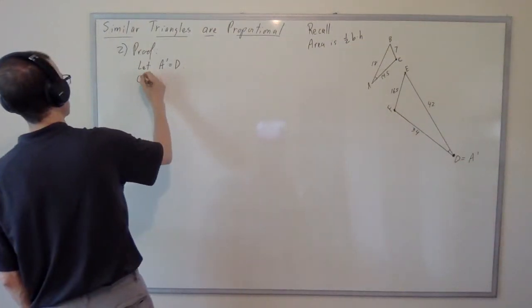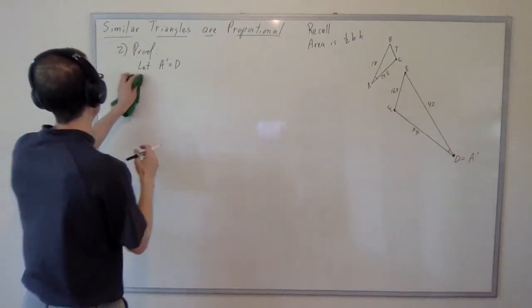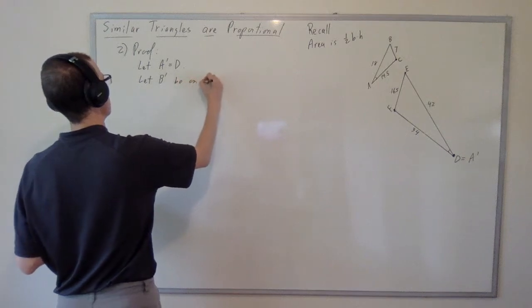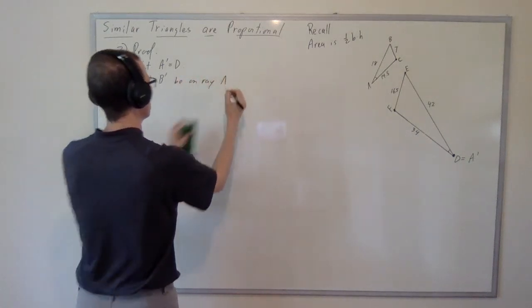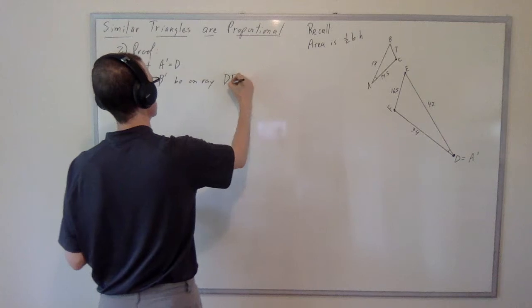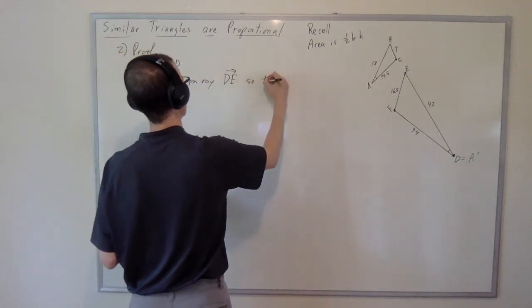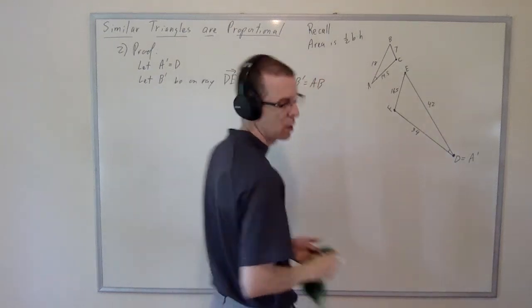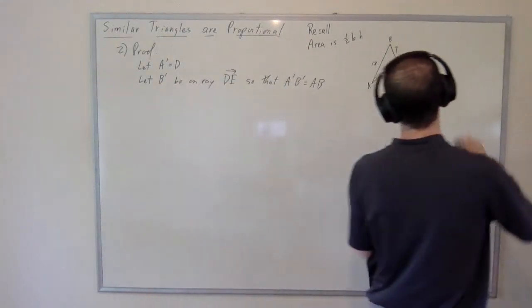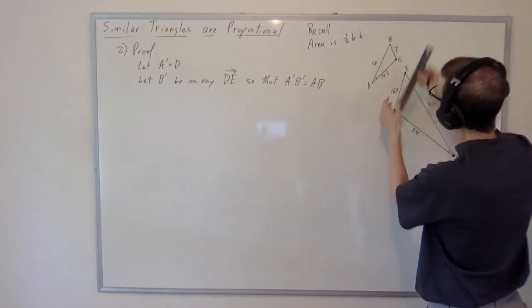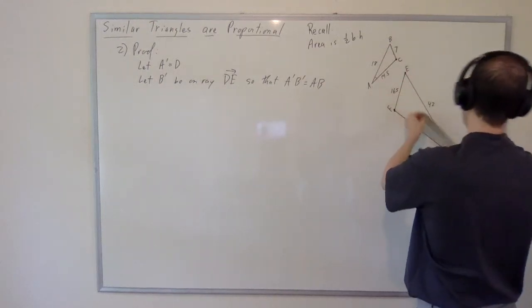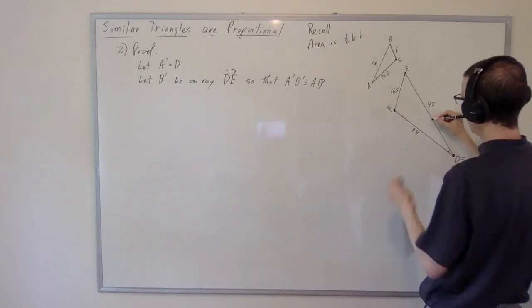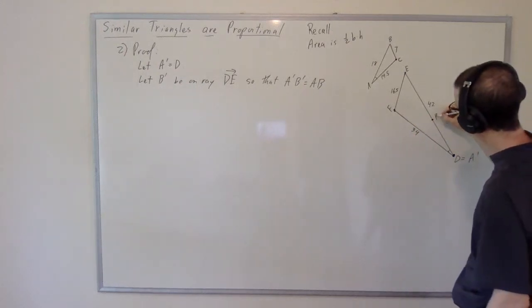So we're going to let B prime be on the ray DE so that A prime B prime equals AB. If you think about this in terms of measurement, I'm going to measure this length, 18 centimeters, and then I'm going to identify a point that's 18 centimeters from A prime, and I'm going to call that B prime.